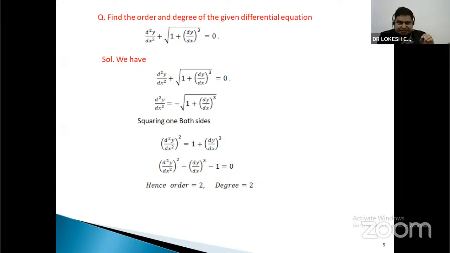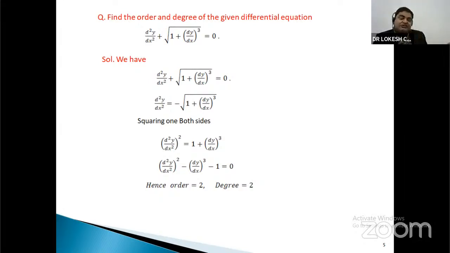then we are saying that it must be the highest order derivative present in the equation. But when we check the degree of the differential equation, there are some conditions on the differential equation. The differential equation must be free of radical signs. So here, say d2y/dx2 plus under root of 1 plus (dy/dx) whole cube equals 0.